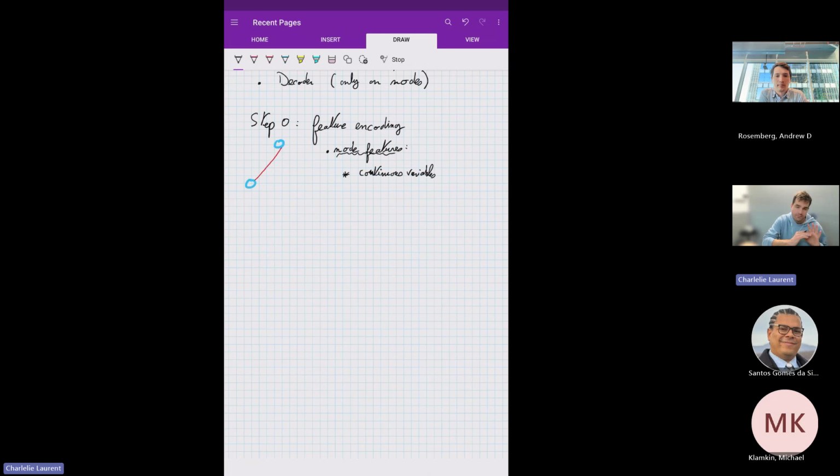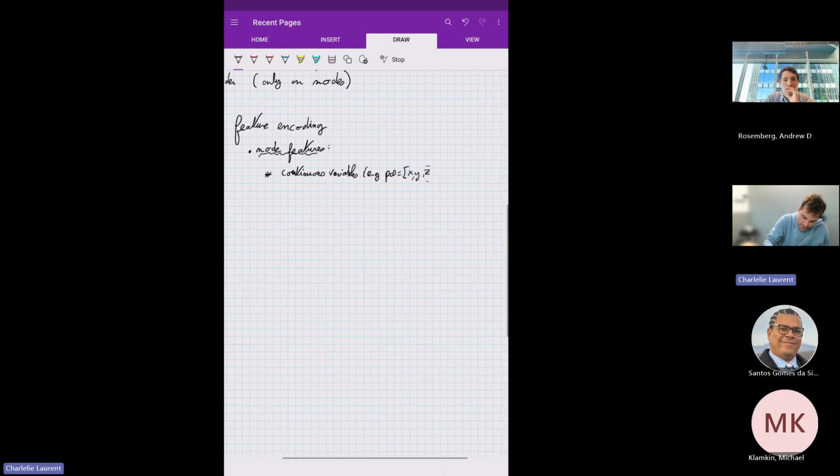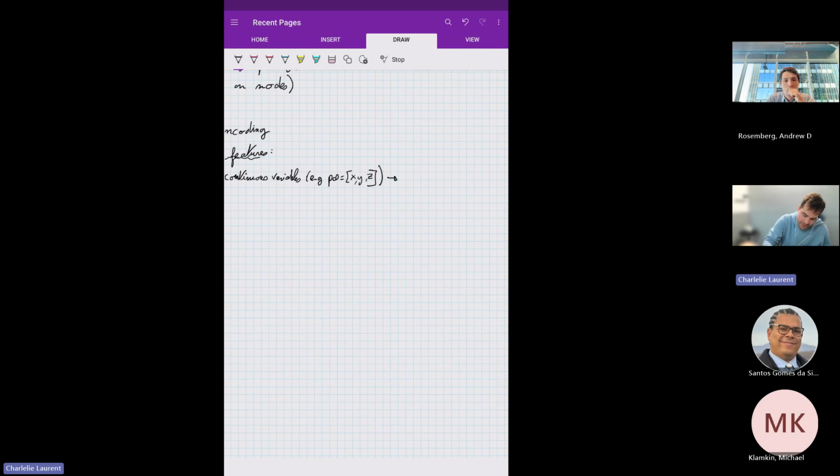The one that you'll almost always have is the position, which is equal to XYZ, or XY if you're in 2D. How do you embed it into something the network can process? Usually you either have nothing to do because those are already continuous variables, or you just pass it through an MLP.